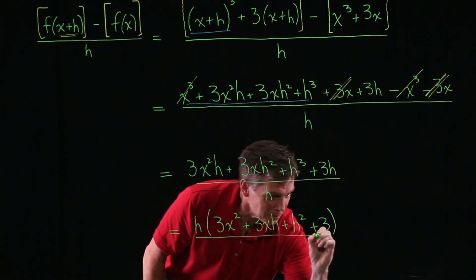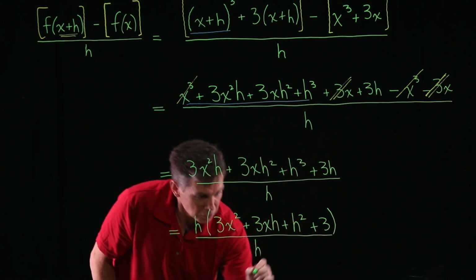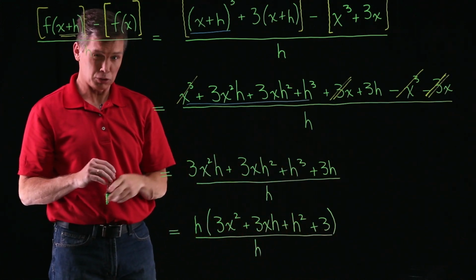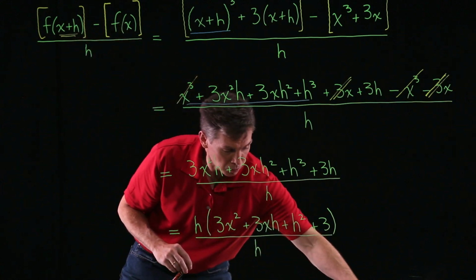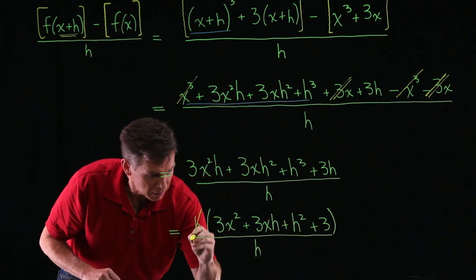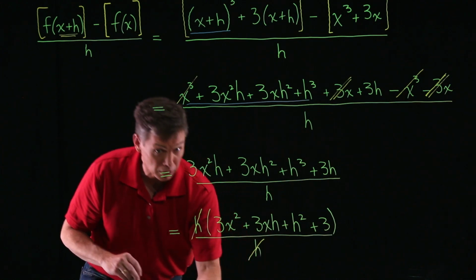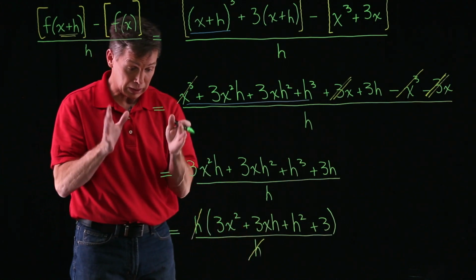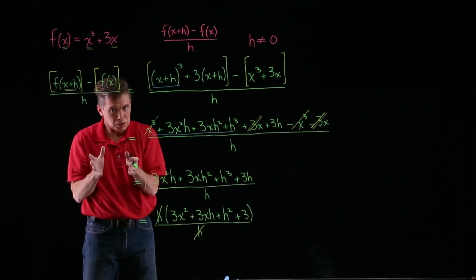Big vinculum there. h on the bottom. That's cool. My two factors of h, one in the numerator and one in the denominator, divide. But maybe a red flag goes off for you if you're good, and you say, wait a minute, I can't divide if I divide by 0.